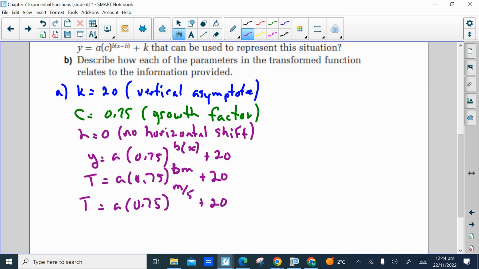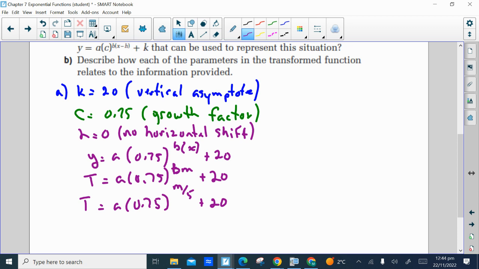We can write it like that as m over 5. Which means that our B value is 1/5. Okay, that's what it means.